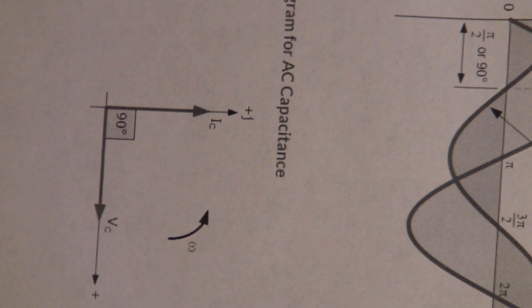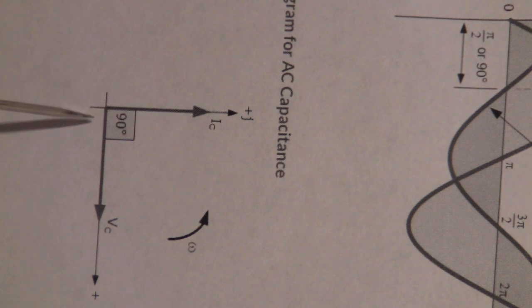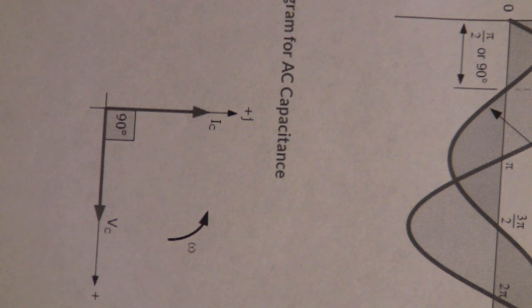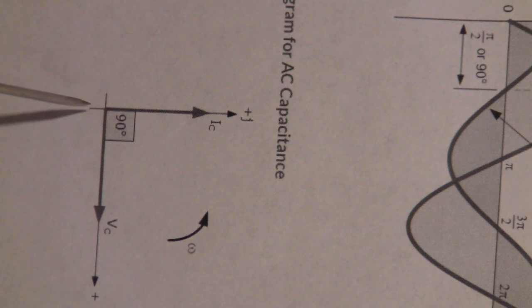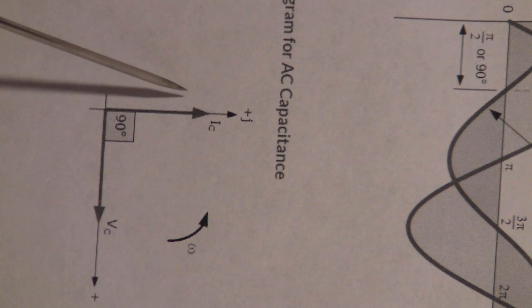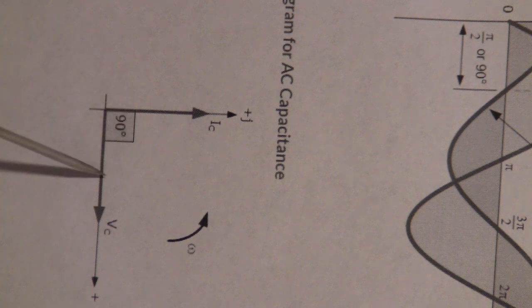And this is the vector of the capacitor phase. The current leads the voltage by 90 degrees. Is that 90 degrees? It is the ideal world. The 90 degrees is the ideal world. In the ideal situation, the capacitor has the current leading the voltage by 90 degrees.